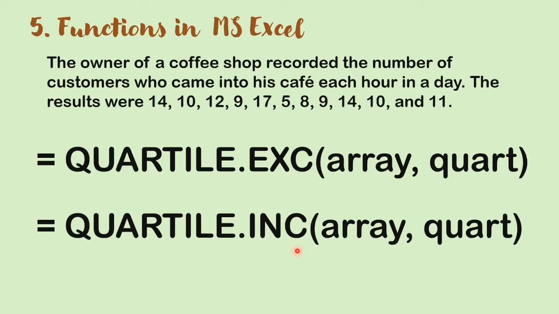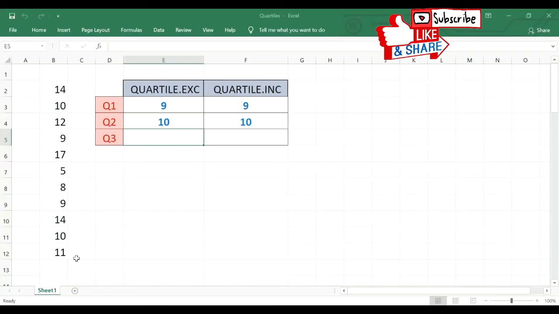Okay, so let me quickly show you how to do it in Excel. Okay, so this is how you get quartiles using Excel. First, you have to list down all the values in this way, okay? Downward. If you notice, I did not arrange the values in ascending order or from least to greatest. But when computing the quartiles, Excel did that.